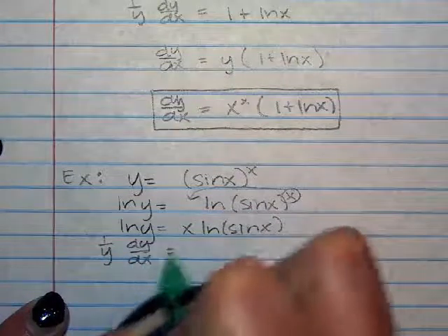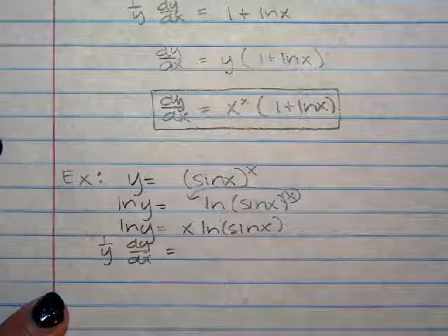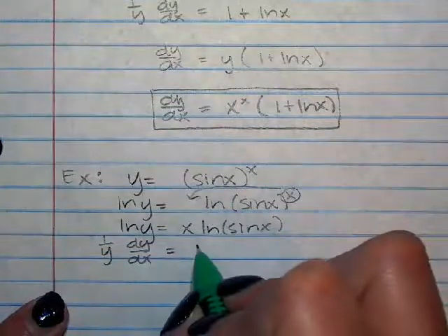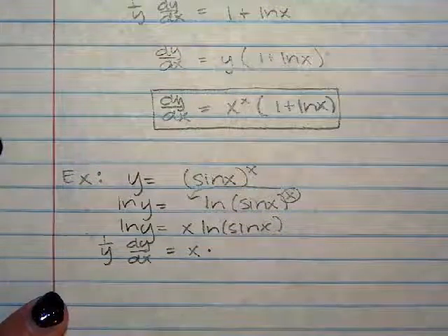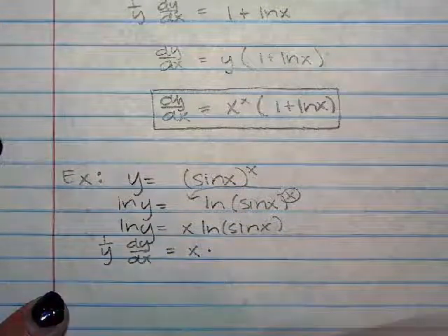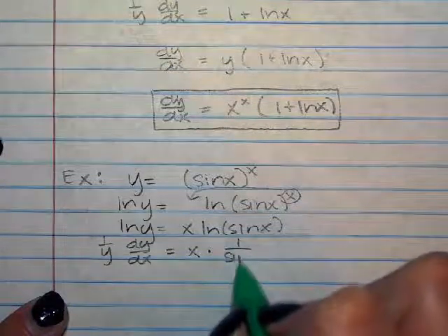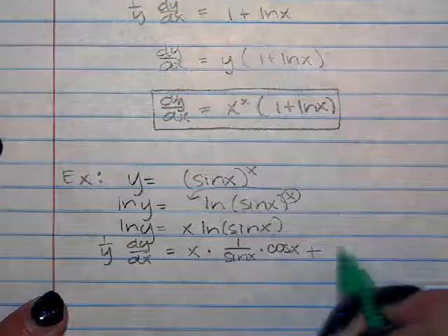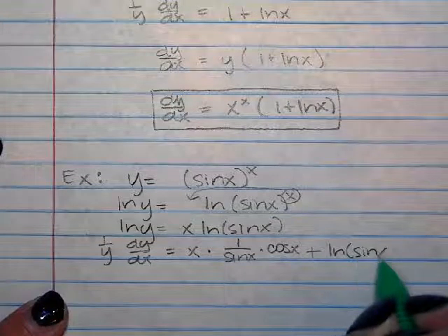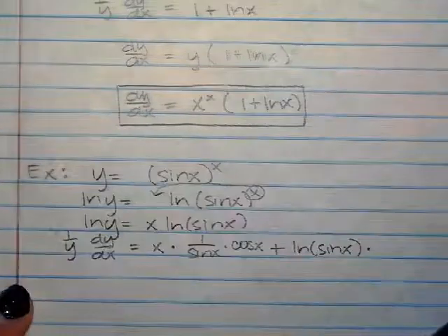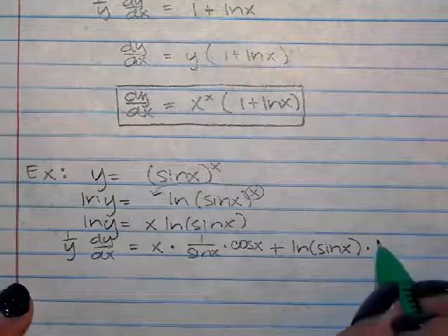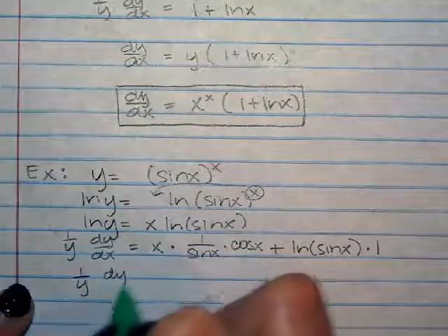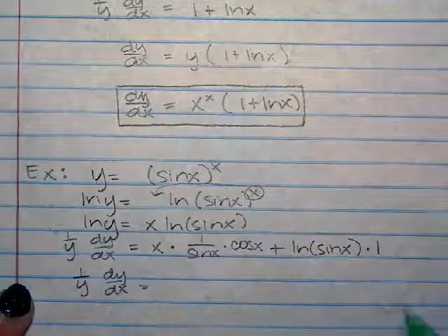So we have the first times the derivative of the second, plus the second times the derivative of the first. Okay. Wait, what's cos over sine?